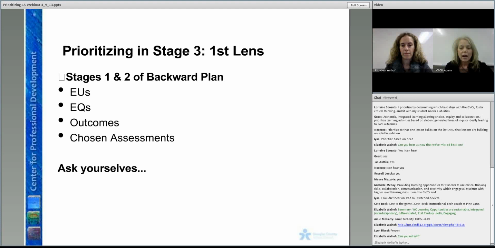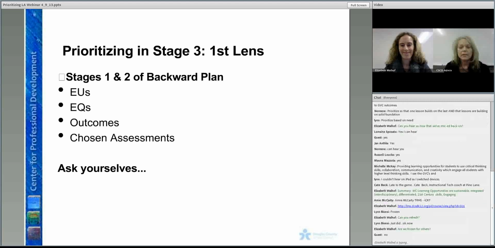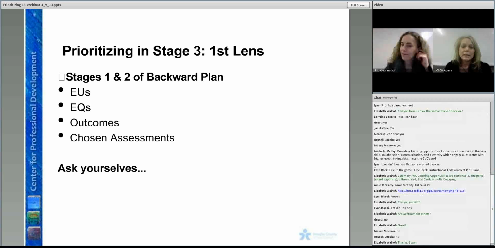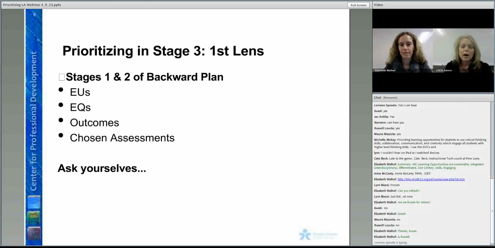Are they aligned? And also, do the learning activities and instructional strategies that I'm considering allow all students to meet or exceed, or to perform at the highest level, on my chosen assessment? So that's that stage 2 reflection. Do your opportunities tie kids back to being able to be highly successful on those assessments that you've chosen in your stage 2?